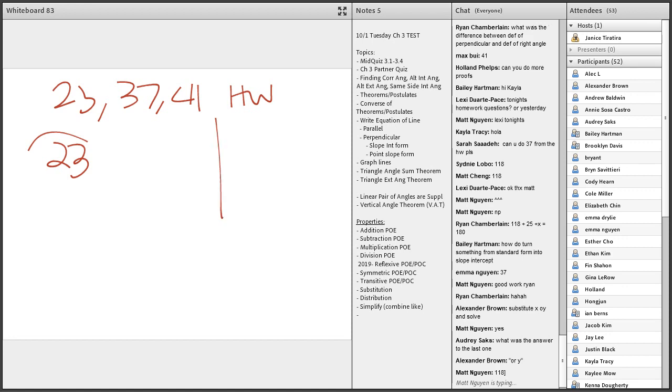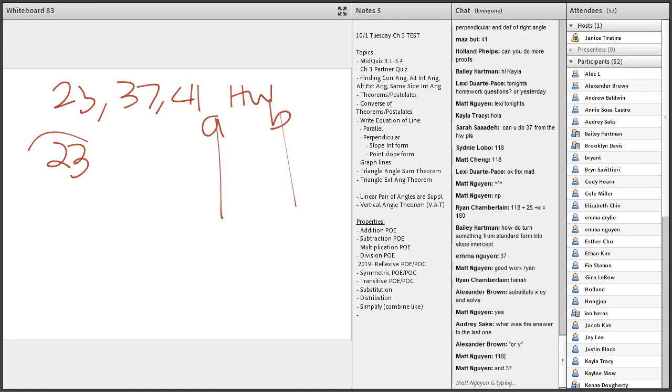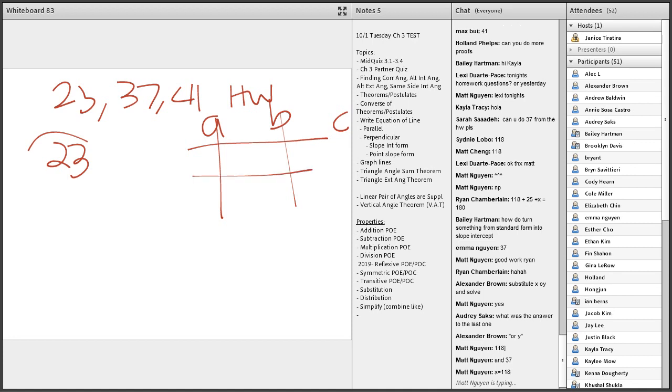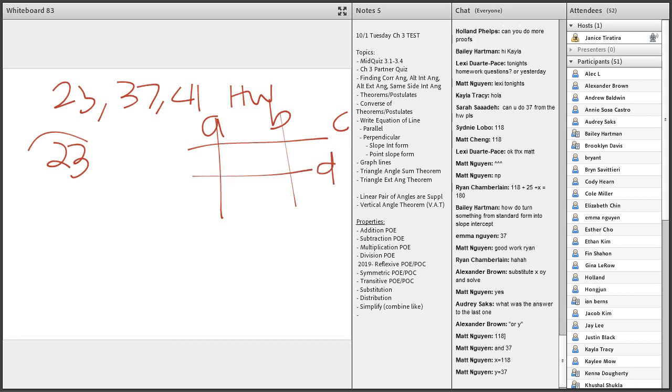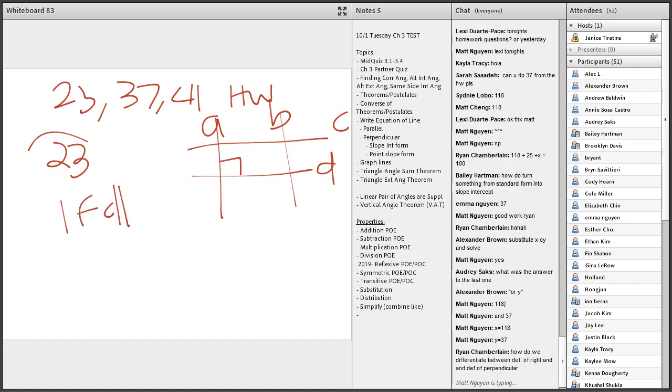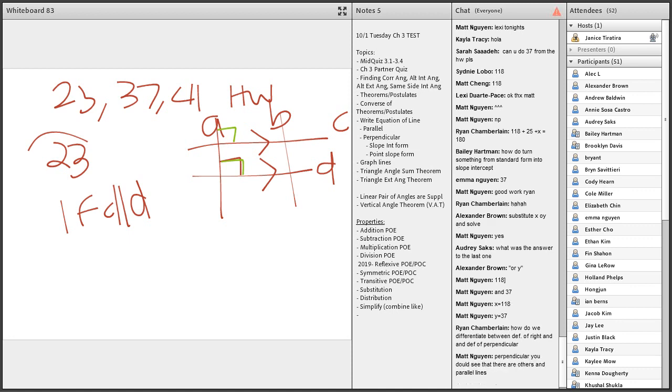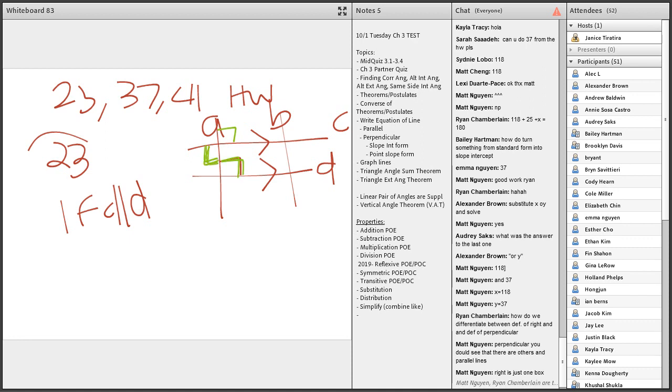So there's a picture. I'm going to have to try to draw it. A, B, C, D. There's only one symbol right here, and it says if C is parallel to D, so let's mark it. These are parallel. That means this angle here and this angle here have to be 90 because they're corresponding angles due to the fact that they're parallel. Also, these are alternate interior angles, so that would have to be 90.